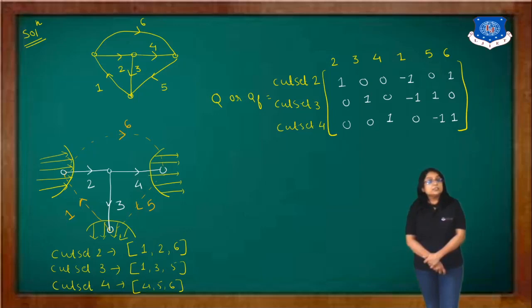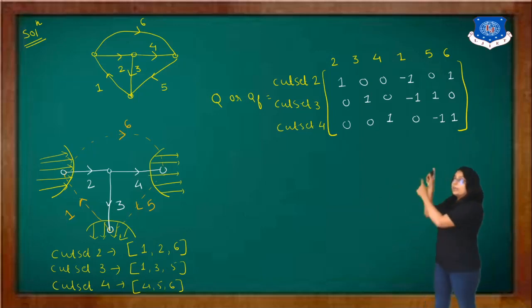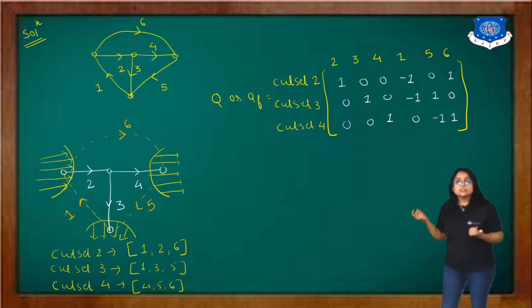Now, like in the incidence matrix, in every matrix there is one trick to verify the answer. In the incidence matrix, you just check the column summation. If that equals 0, your answer is correct. In a tie-set matrix, the matrix that is formed by the links is always a unit matrix.